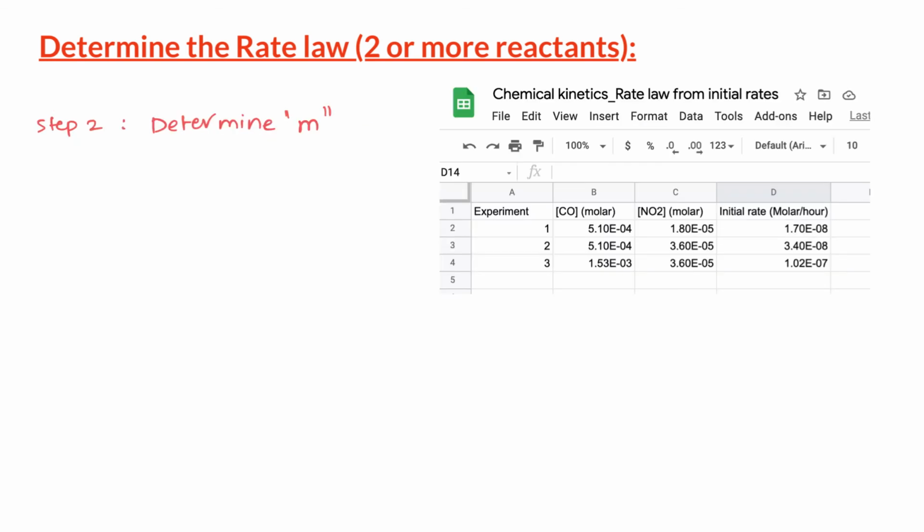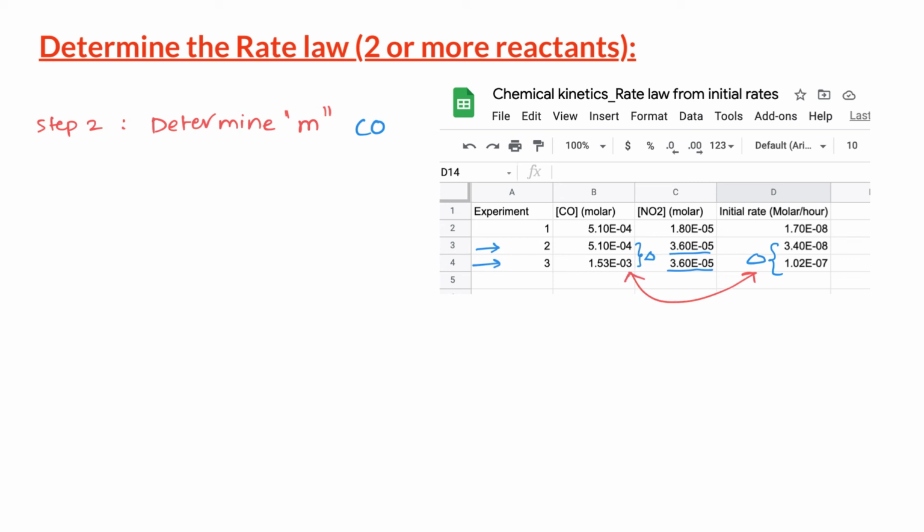Next, let us calculate the value of m, that is, the order with respect to carbon monoxide. If we look at experiments 2 and 3, the concentration of NO2 is kept constant, and the concentration of carbon monoxide is changed. Therefore, the change in the rate of the reaction is solely because of the change in the concentration of carbon monoxide.